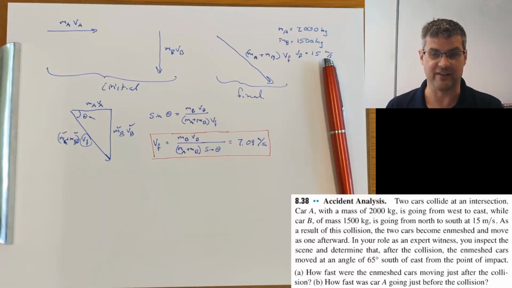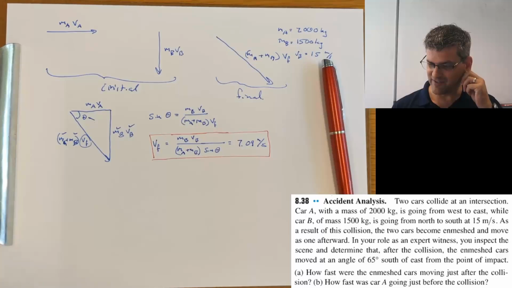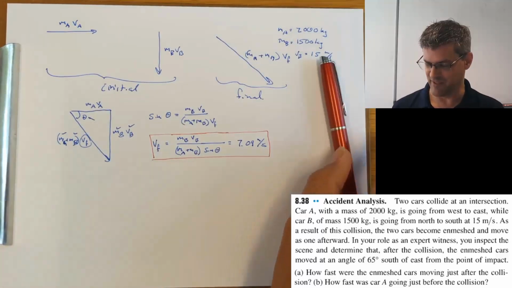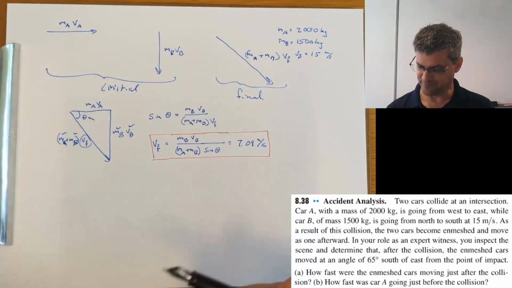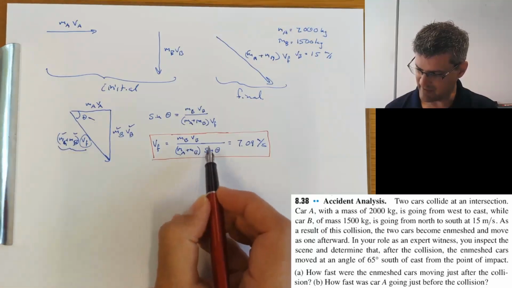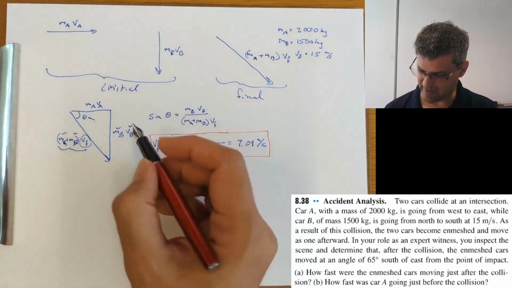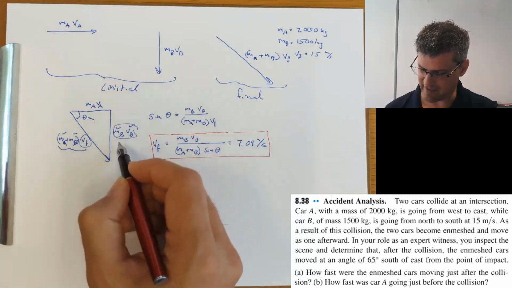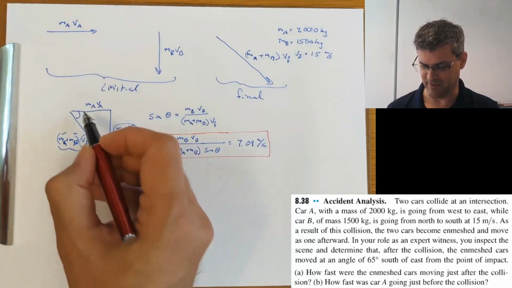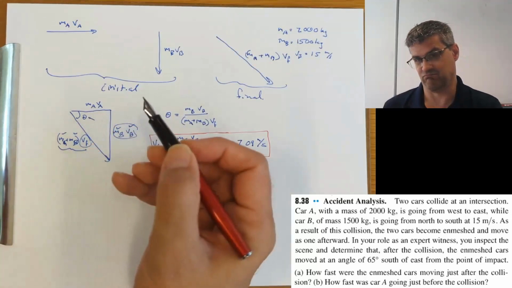We can find that now because we know the momentum before the collision and we know the momentum after the collision. These different relationships are still something that holds. So because I know the length of this side, because I know V final and the two masses, and I know the length of this side, stuff that was given to me in the problem, I can find the length of this side also, right?